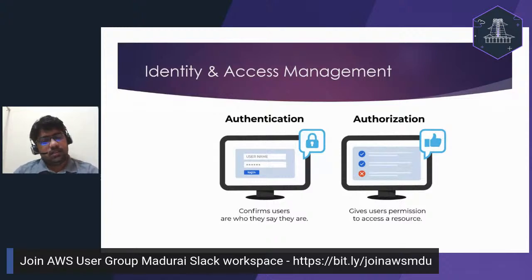And next is authorization. Once it is proved that the person is who they claim to be, the authorization part will give whatever access that particular person or identity is entitled to. Let's take a simple example where you log into the Hotstar application. If you are a VIP user, you will be able to watch only the free episodes and the VIP episodes.